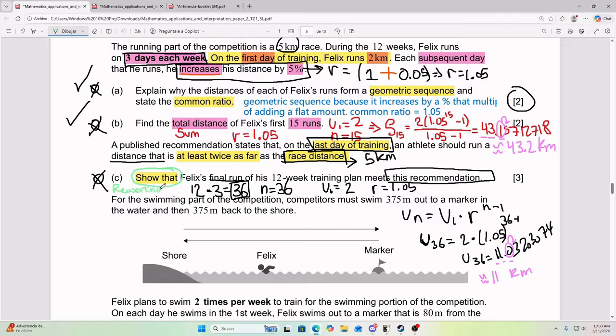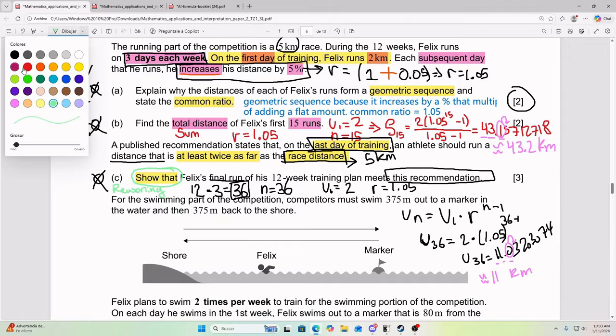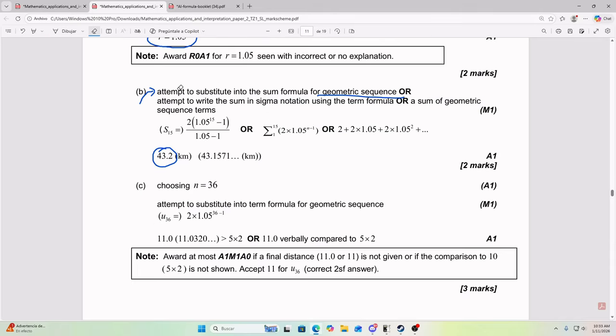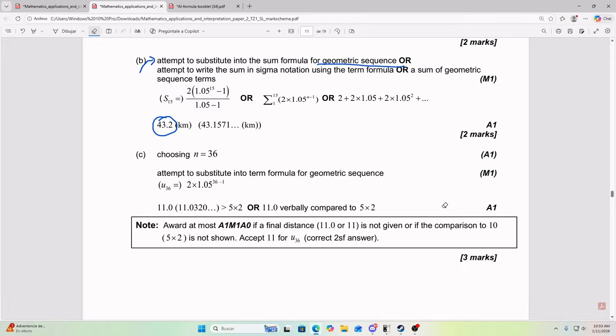And so it's very important that at the very end of this exercise, you express somewhere on your paper that 11 kilometers is greater than 2 times 5 kilometers. 11 kilometers is greater than 10 kilometers. That would be your reasoning. And I'm pretty sure it's part of your answer.